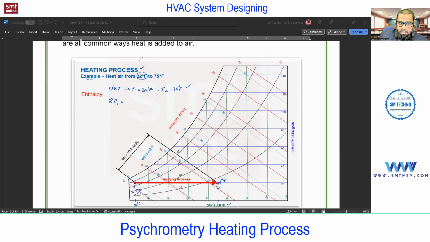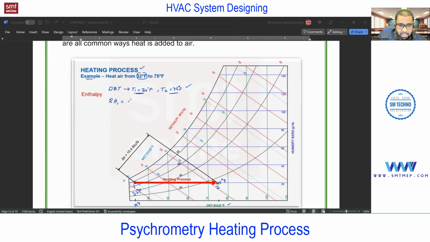In this case, the process is a heating process, and it's sensible heating. Sensible heating means we are not adding moisture, just adding heat, and that too sensible heat. So the first parameter is temperature, increasing from 32 degrees Fahrenheit to 75 degrees Fahrenheit. As per the example, you can take any two temperatures. This is just an example.